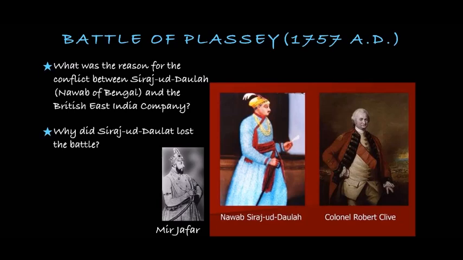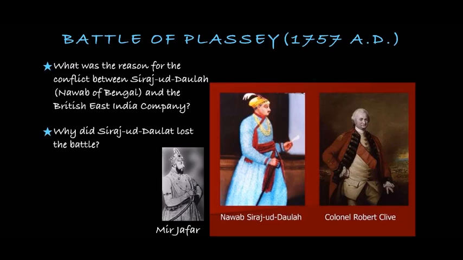Robert Clive diplomatically bribed Mir Jafar. Mir Jafar was the commander-in-chief of the Nawab's army. He promised him that he would make him the Nawab of Bengal. Now, why did Siraj-ud-Daulah lose the Battle of Plassey?